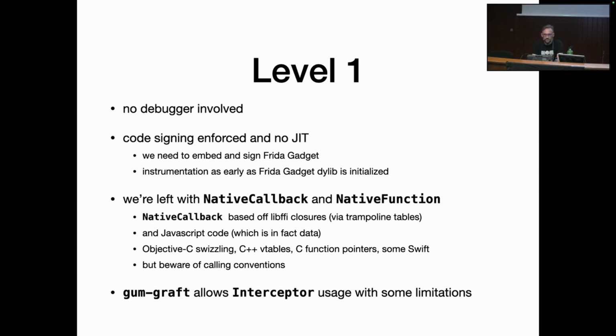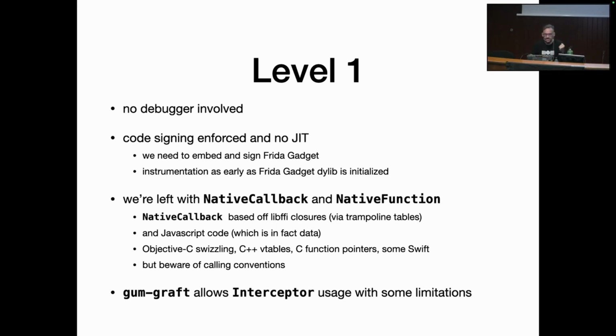But the braveness comes from the fact that you have to be careful about calling conventions, because if the function you're replacing hasn't got a calling convention supported by libffi closures, you have to bring your own translation gadgets that we also have to sign ahead of time. So I'm not going to do that in the demo, but it's totally doable.